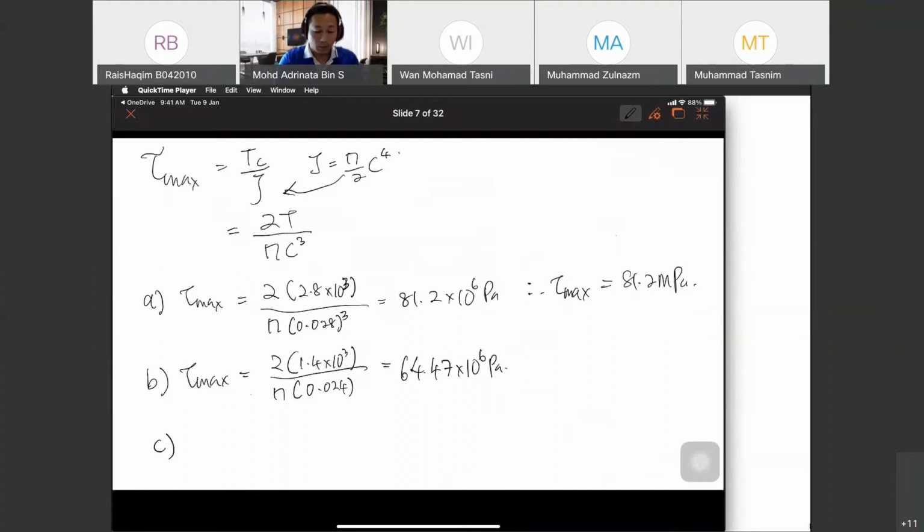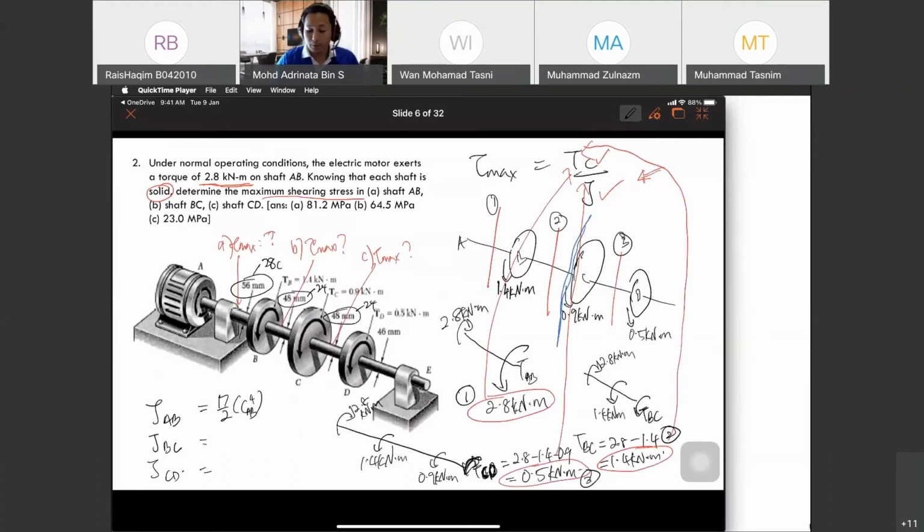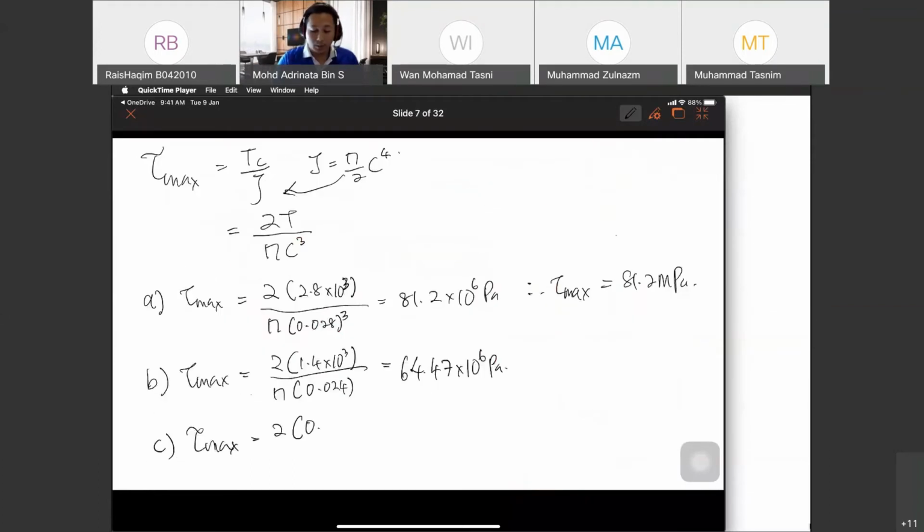C, gunakan equation yang sama, kita ada 0.5 kilonewton meter. C is the same 0.024, 48 mm.